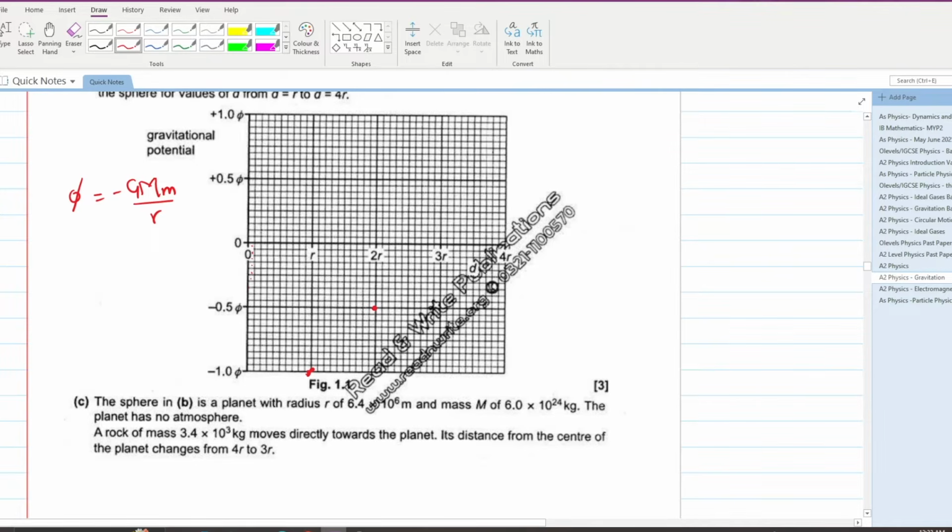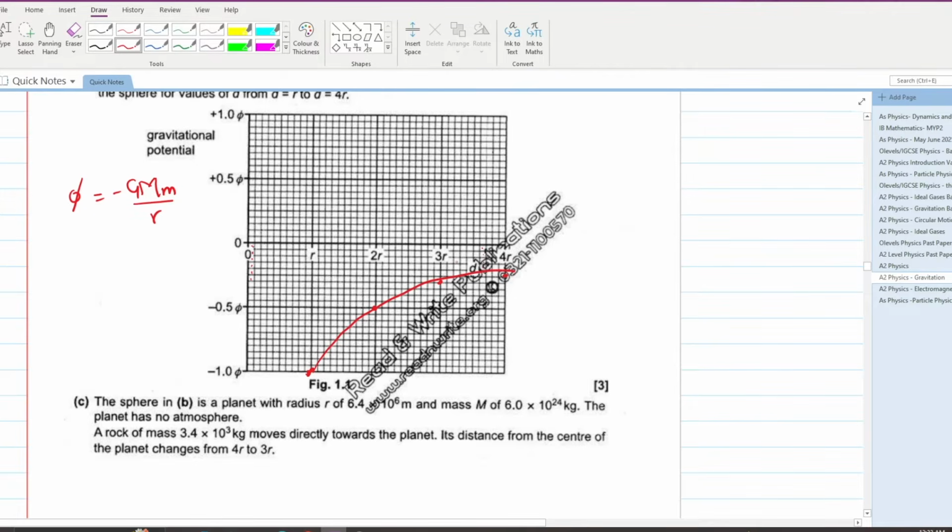So basically, two boxes here represent 0.1. So the 0.3 box will be somewhere here. And when you are at 4r, you will be at 0.25, somewhere here. So the curve will look like this.